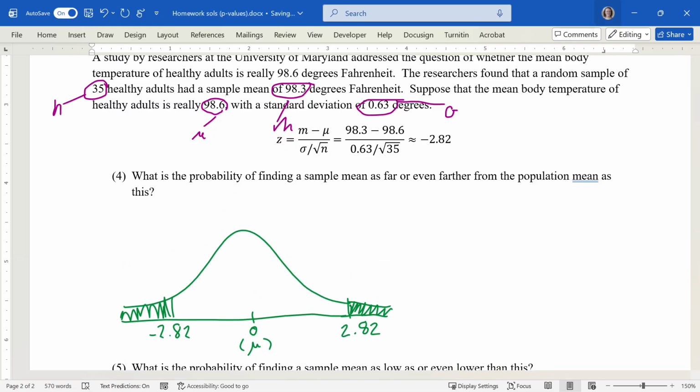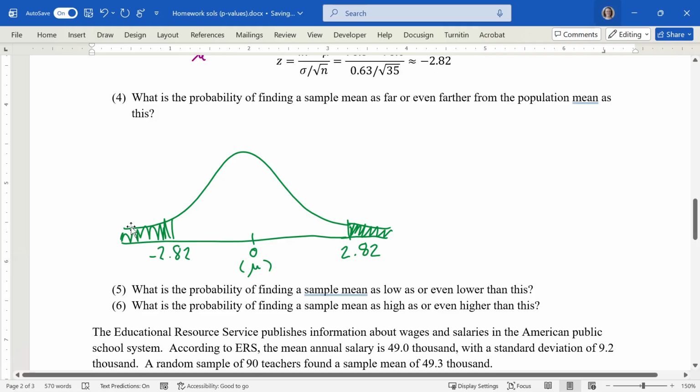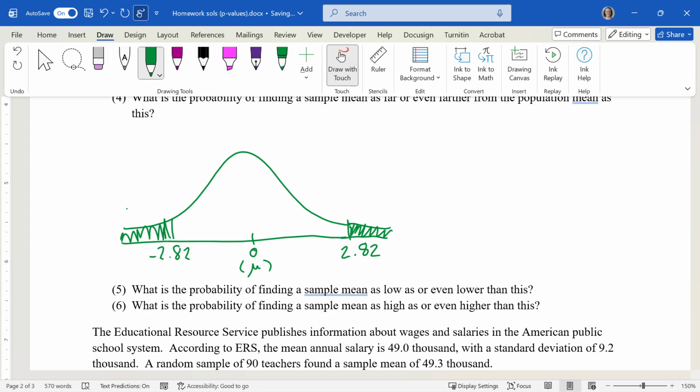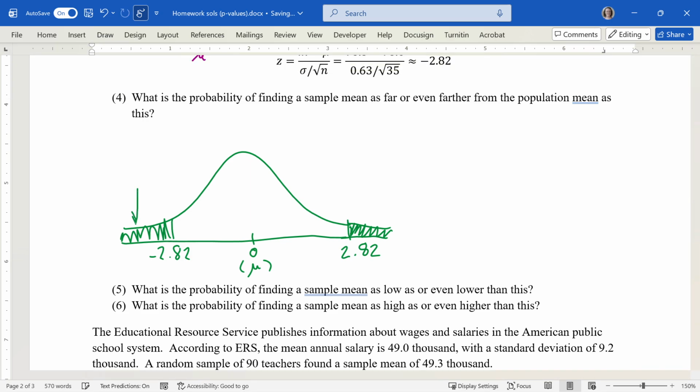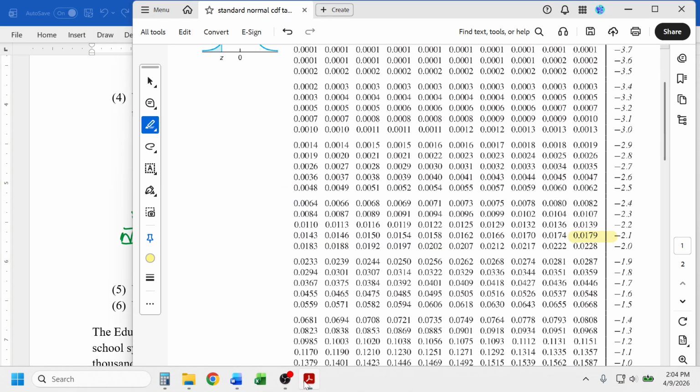And so now if I want to find the area of these 2 tails together, I'm going to look up the area of the left one using my table of areas under the standard normal curve. I always look up the area of the left one using the negative version of the z-score because that's what the table has in it, right? It has left areas.